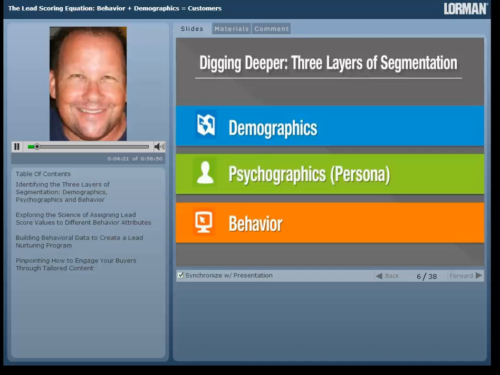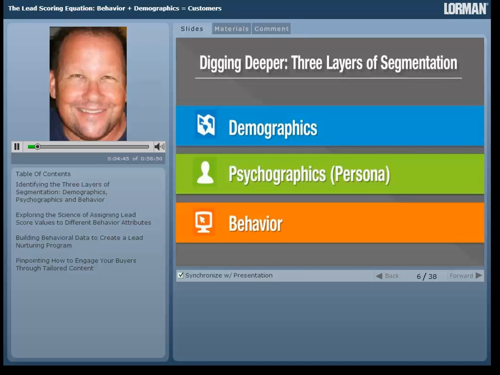First, we have the demographics layer. We're all really familiar with this layer as marketers. We've been using it since the dawn of time. Second, we have the psychographics layer. We're now digging into psychological commonalities in our target audience versus just looking at demographics. So what are their needs, their pain points, what keeps them up at night? And last but not least, the behavioral layer. What are they actually doing?